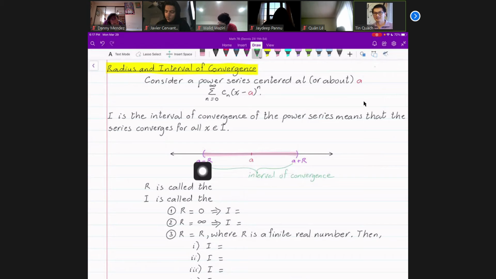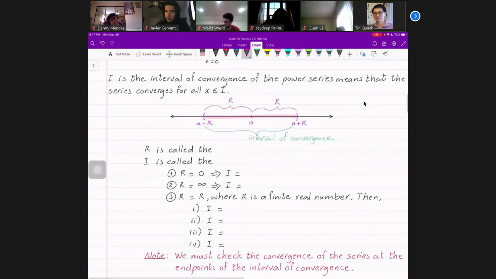Imagine you have a circle centered at A: from the center going out to the perimeter, or the circumference, that is the radius. So from here to here is the radius. That distance is the radius. So R again is called the radius of convergence.